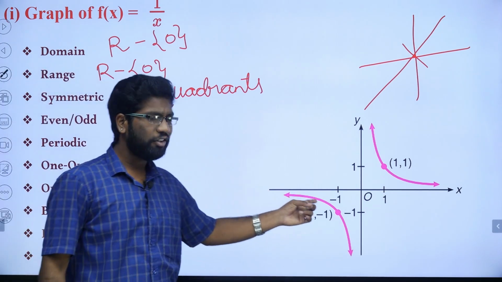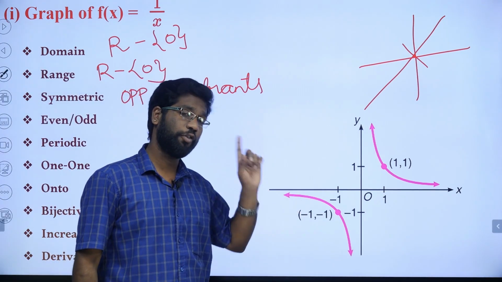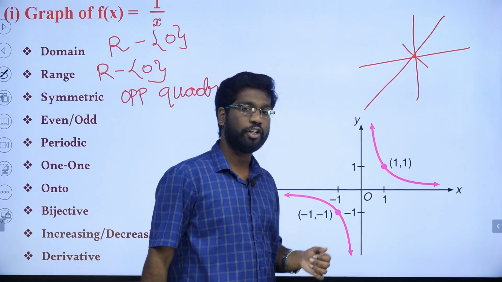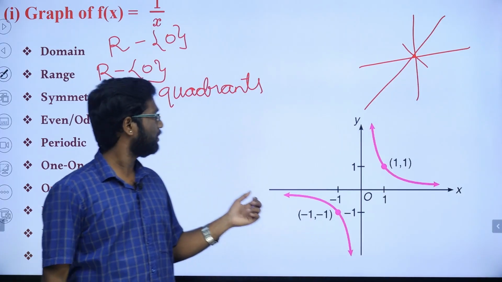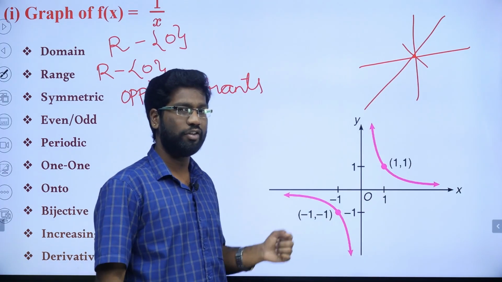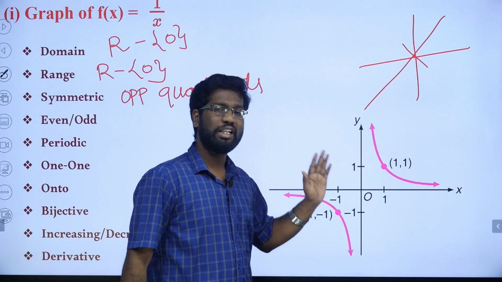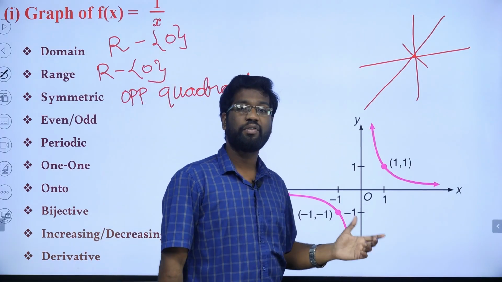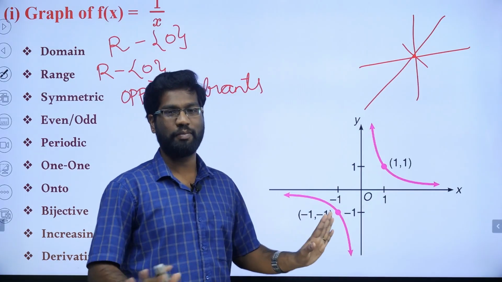Next, from the graph itself, before class I have explained to you, my dear students, how to find even and odd functions. An odd function means it is symmetrical about opposite quadrants. From there also you can say this is an odd function, and an odd function covers mostly all the parts of the graph. Positive, negative, it won't leave any part, my dear students.